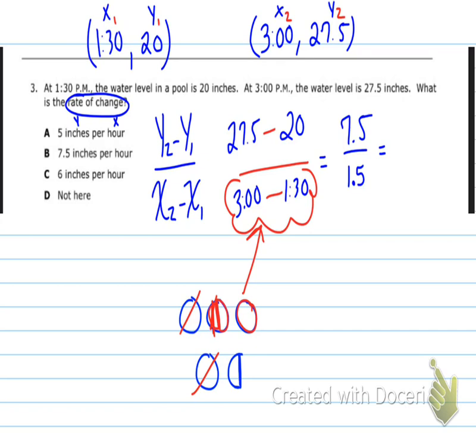A more proper method, hopefully this makes sense, is when you subtract time, you don't borrow the way you normally would. Like 3 minus 0 is 0, fine. But notice, how do I do 3 take away from 0? It doesn't work, right? So what you got to do is you're going to borrow an hour. So that becomes 2 hours. But when you borrow an hour and I jump over this point here, what I'm doing is I'm passing over 60 minutes.